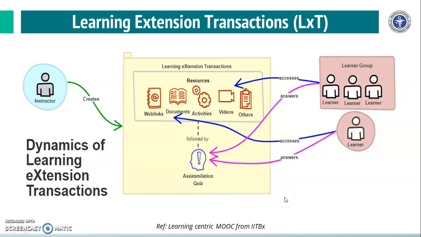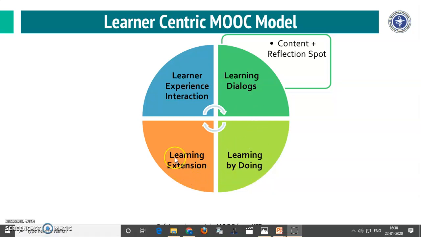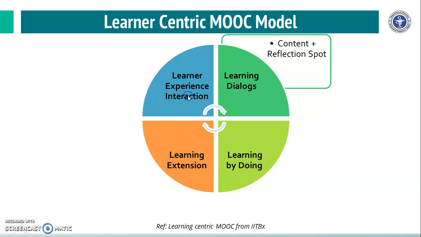Thus, online learning has four major components: LED, that is learning dialogue; LBD, that is learning by doing; LXT, that is learning extension trajectories; and learner experience interaction, that is LXI. In LED, we have content in terms of video or other material, which also contains reflection spot.